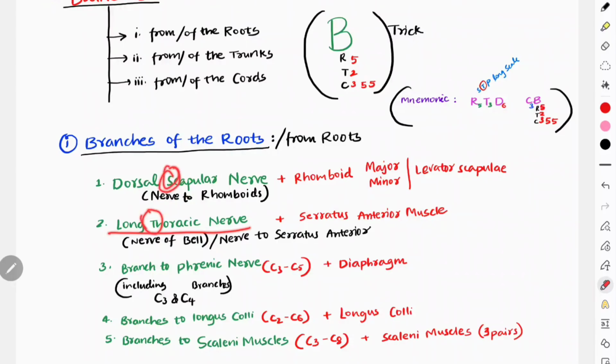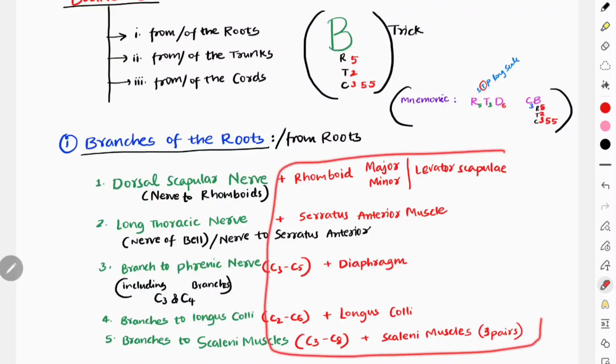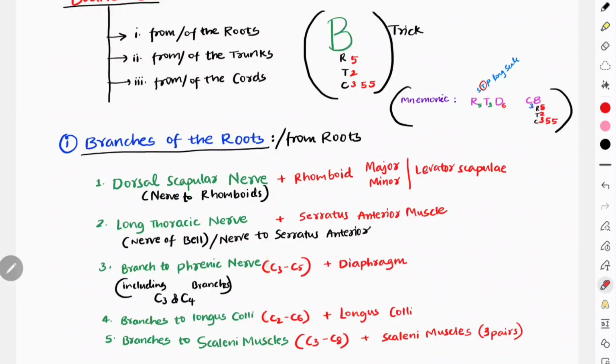And P means branch to phrenic nerve, then longus colli and scalene muscles. So these 5 branches of the roots are completed, and this part is extra information for you, if you can remember. If not, these nerves are enough to be remembered.